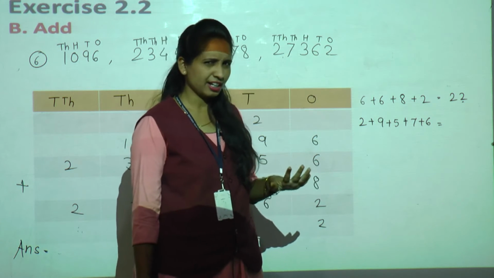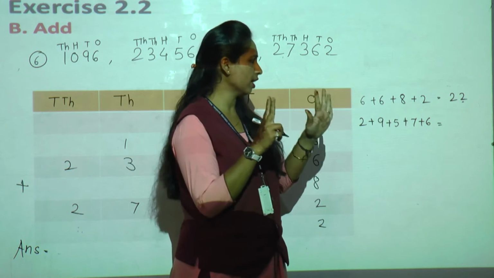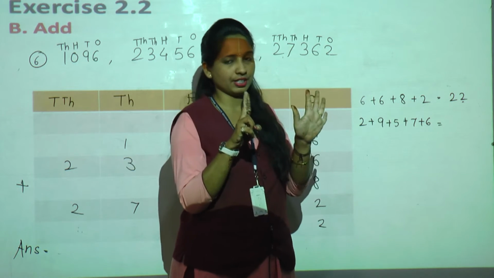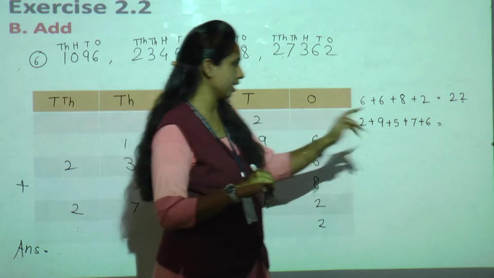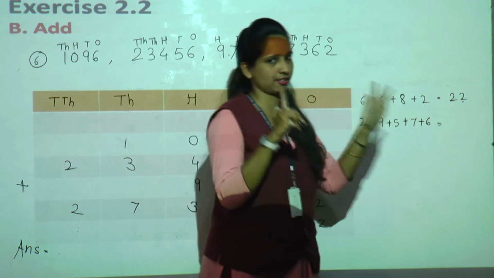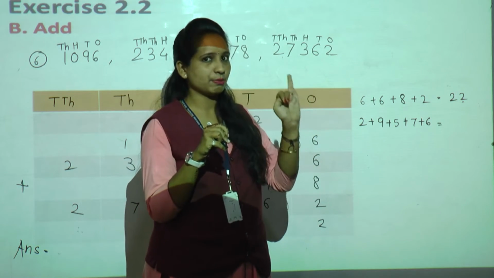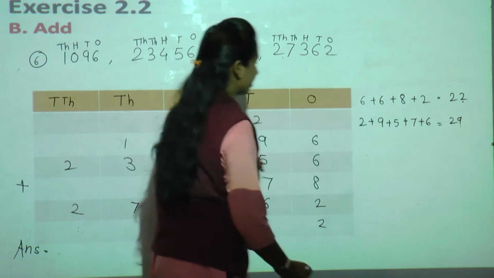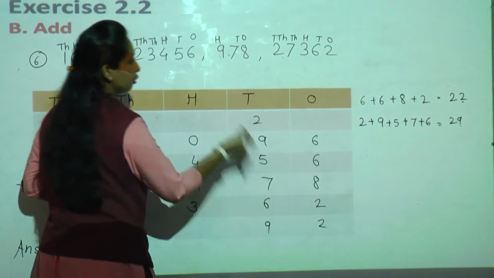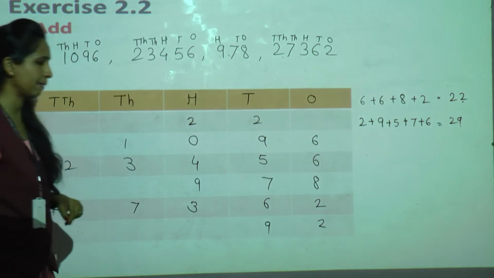If you are confused, go with the fingers. 16, after 7 fingers: 17, 18, 19, 20, 21, 22, 23. 23 plus 6: 24, 25, 26, 27, 28, 29. So 9 I will write on tens place. 2 will carry to hundreds place.